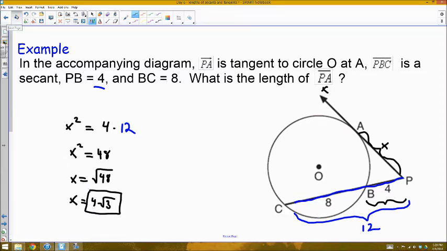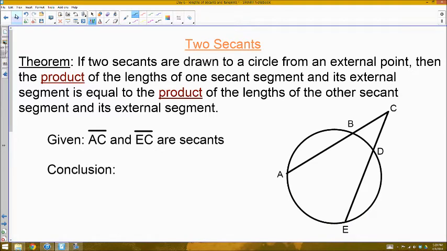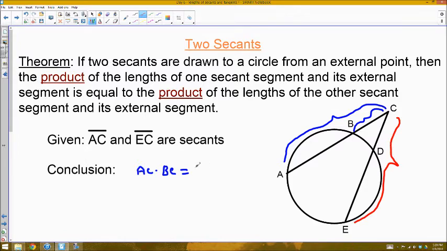We could also have a combination of two secant lines. Now, much like the other one, it's the product of the entire secant line of the first secant, AC, with its external segment, BC, is equivalent to the product of the entire second secant line, CE, with its external segment, CD.